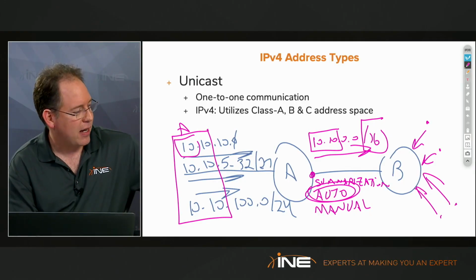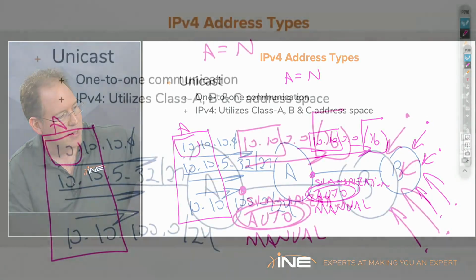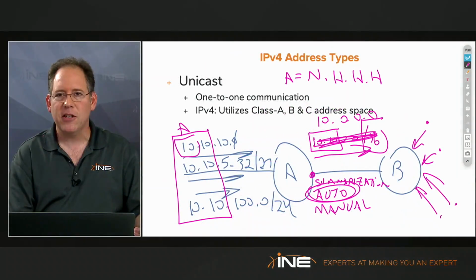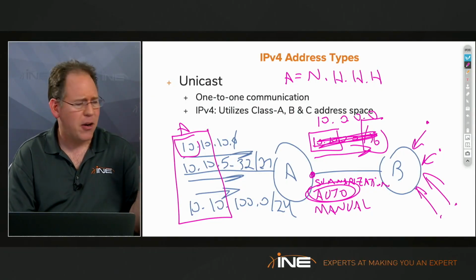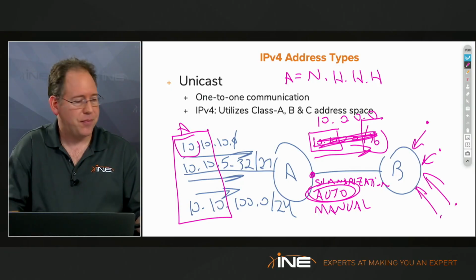And now that you know it's in class A, you know that for class A networks, the first byte was the network and the remaining bytes were host. So in auto summarization, it's not going to send 10.10, it's just going to send 10.0.0.0. If you didn't know anything about classful addresses, you wouldn't understand why auto summarization did something like that.